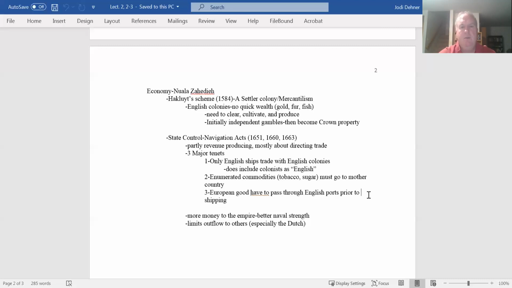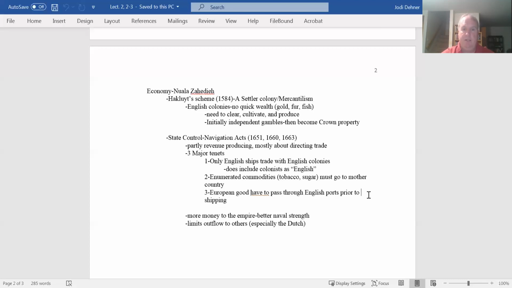Third, European goods have to pass through English ports prior to shipping. Now, this one is partly about generating revenue directly, right? So when European goods have to pass through English ports before they're shipped to the colonies, they have to pay a tax. So this is partly about generating money for the crown by taxing these other goods. But it's mainly about making these other goods more expensive so that you would purchase English manufactured goods directly.